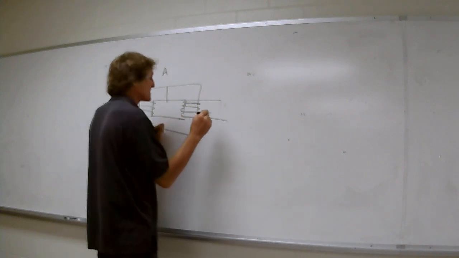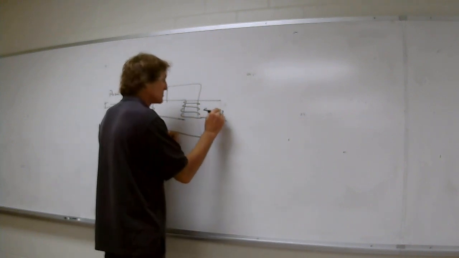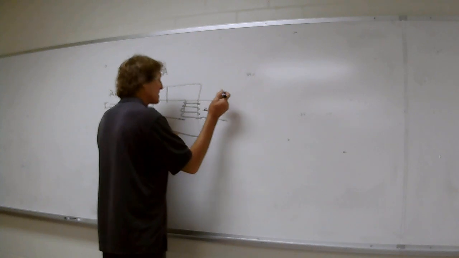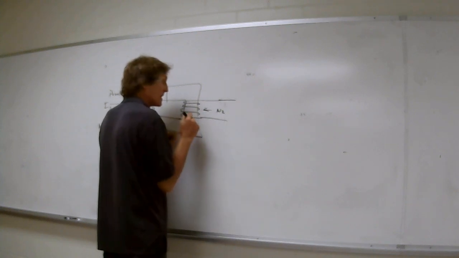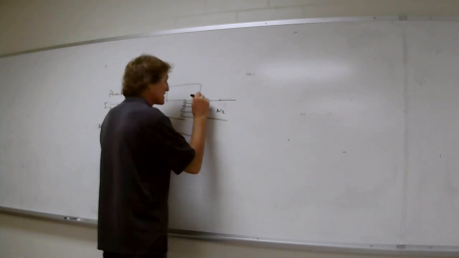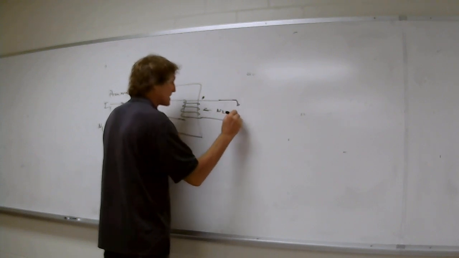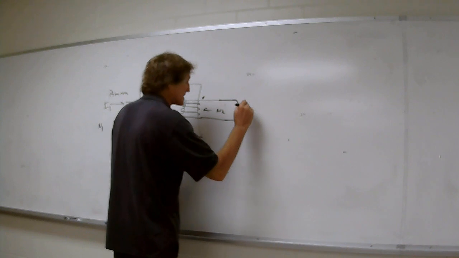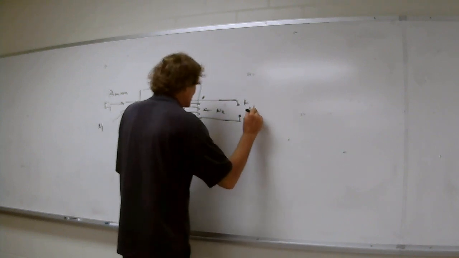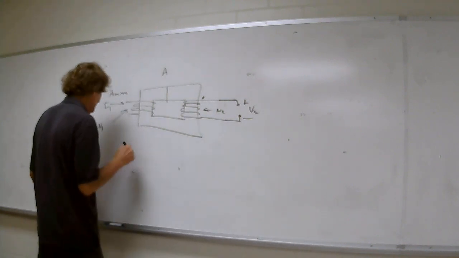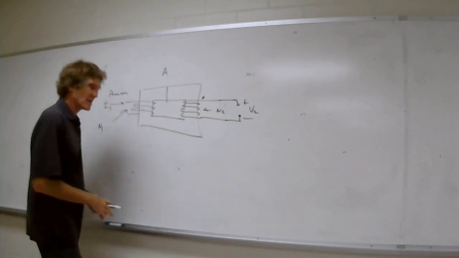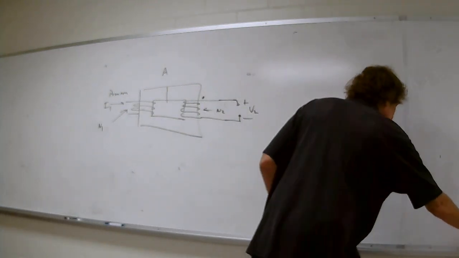The secondary is going to have N2 turns, and there's a dot here, and I'll get to that in a second. I'm not even going to connect it to anything, but there's going to be a secondary voltage, and I'll call it V2. The primary voltage is going to be V1. Let me make this a little nicer so you can see it.